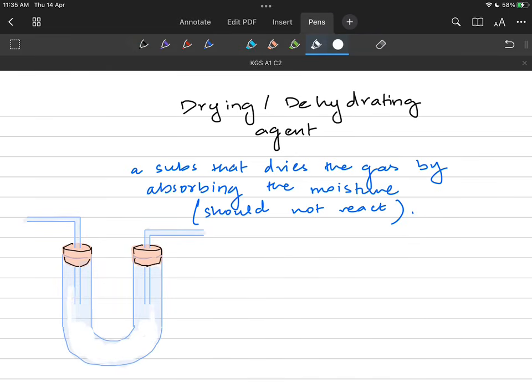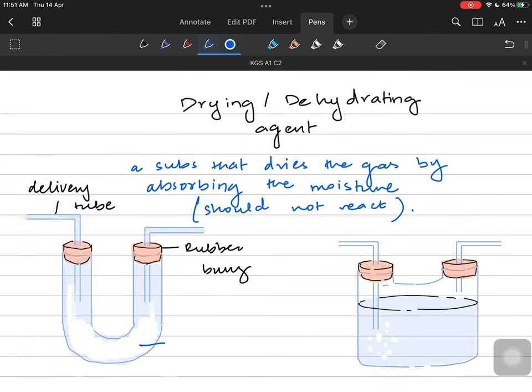So imagine you have a U-tube shaped glass tube, which is ironic. And there's another setup, I'll talk about it. The U-tube has been filled with fused calcium oxide or fused calcium chloride. These are both drying agents. Another common drying agent is concentrated sulfuric acid.